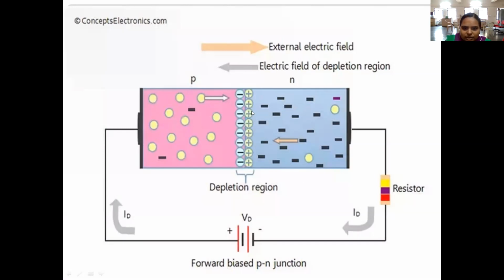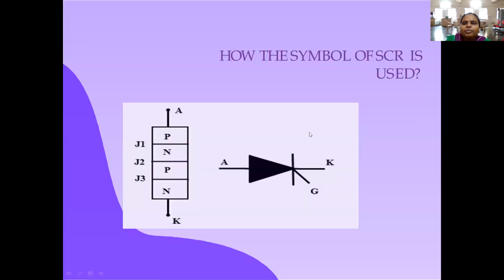Based on this, we come to the symbol we are going to use for the SCR. We said it has 4 layers. It has PN, NP, and PN junctions. The 4 layers, P, N, P, N, are formed in the SCR.